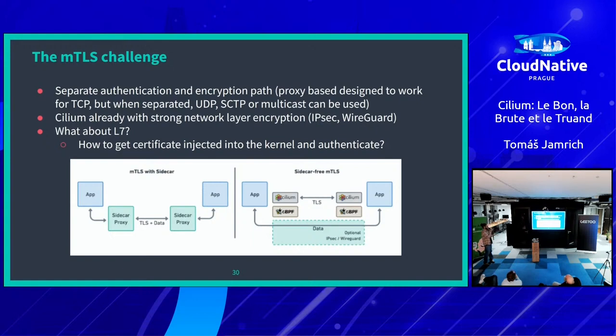Cilium already had strong network layer encryption using IPsec or WireGuard, whichever you choose. But what about L7 again? How do we get the certificate injected into the kernel and authenticate? Well, we cannot right now, only with the proxy.